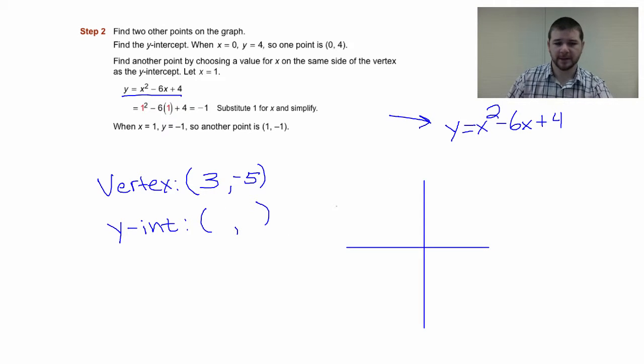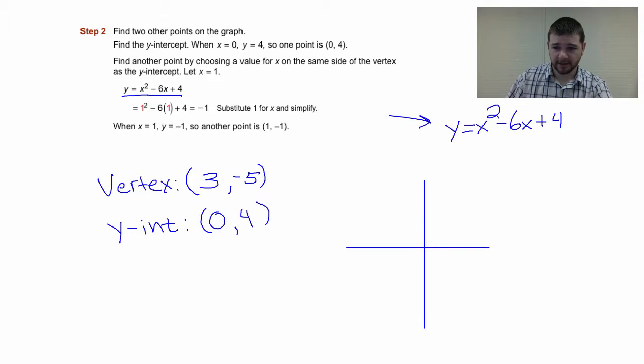Recall, the y value of the y-intercept is just the constant term from our equation. And for us, that value is 4. Of course, the x-coordinate is 0 at any y-intercept.